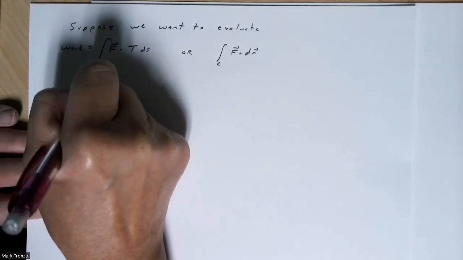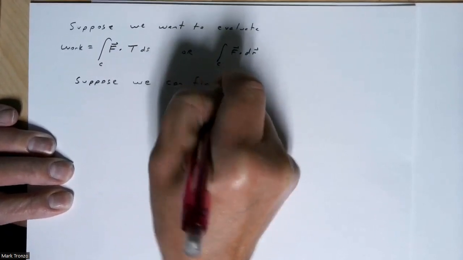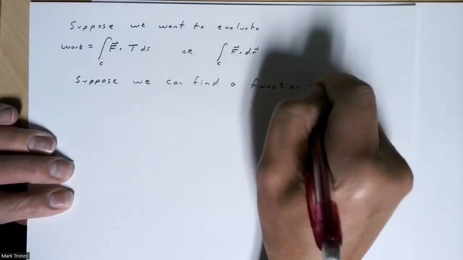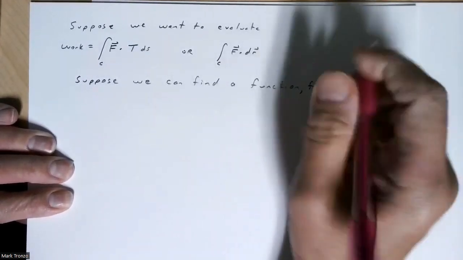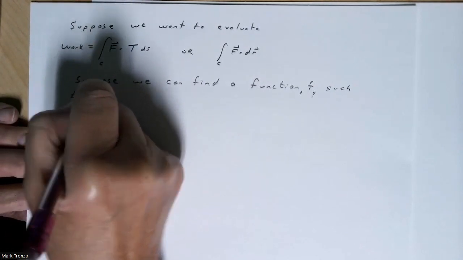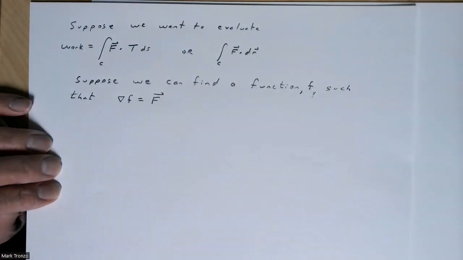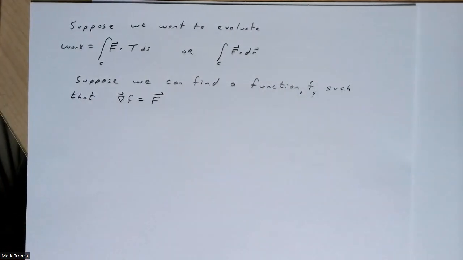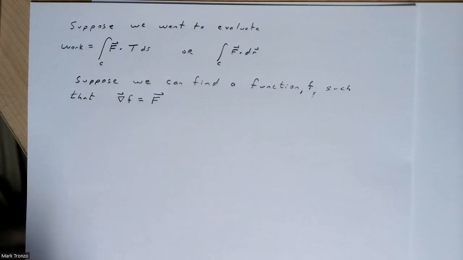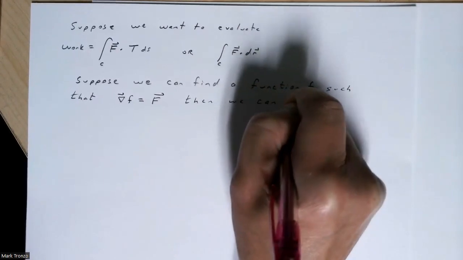And suppose we can find a function f such that the gradient of f will give us our vector field F. Then we can use the fundamental theorem of line integrals.